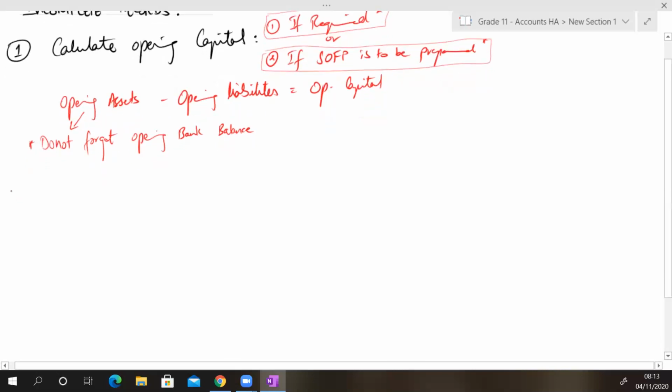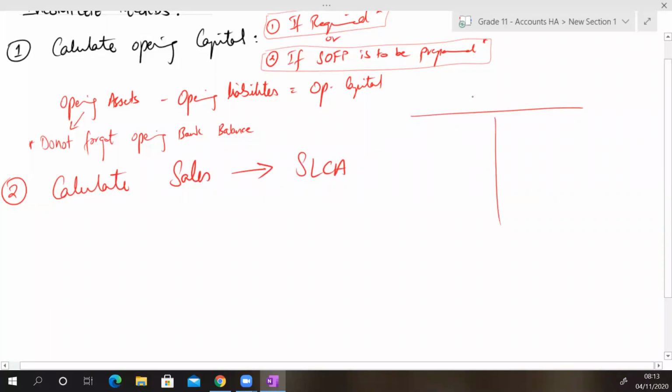Okay. Next, calculate sales. How will sales be calculated? Using SLC. SLC stands for Sale Ledger Control Account. You have to prepare a Sale Ledger Control Account. Opening receivable will be given. Credit sale is to be calculated.